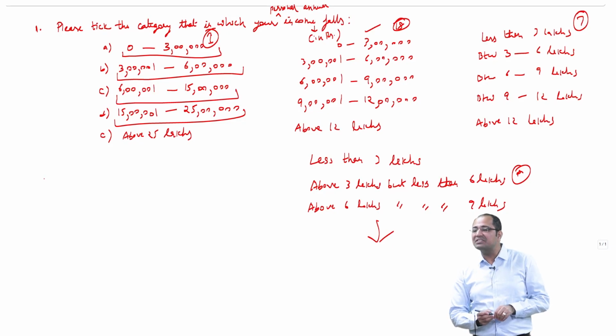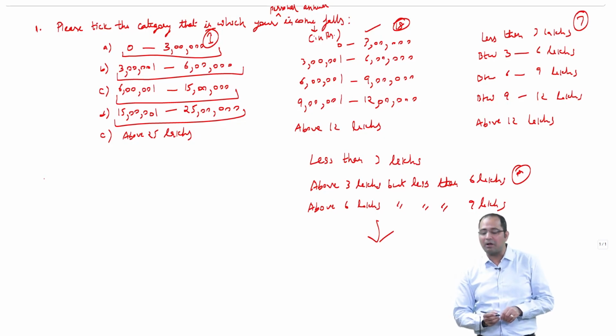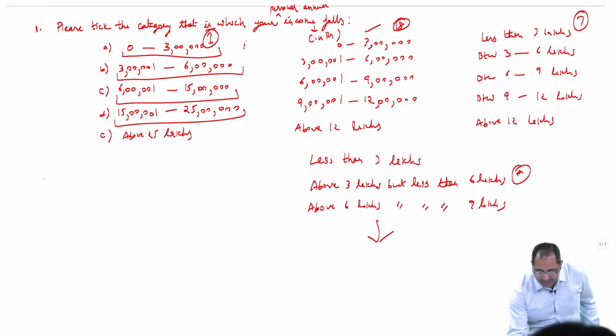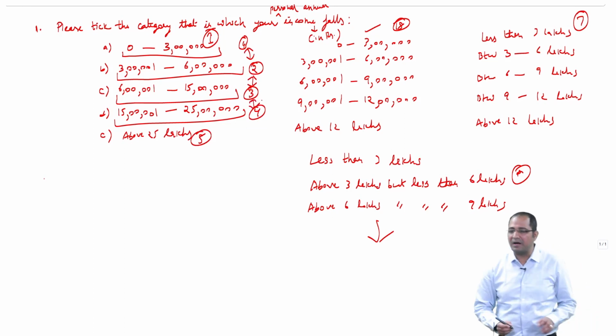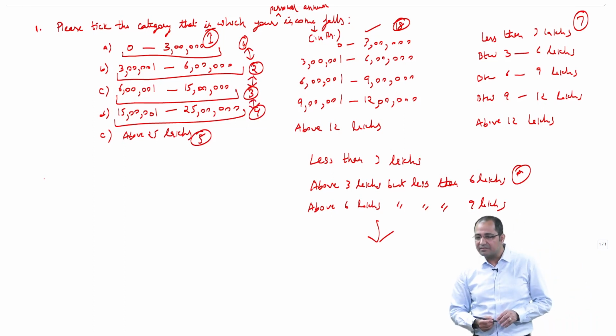When the intervals are not equal, there is a problem. What is the problem? We cannot code them during data entry as 1, 2, 3, 4, 5, because we cannot say one is more than the other by 1 unit.